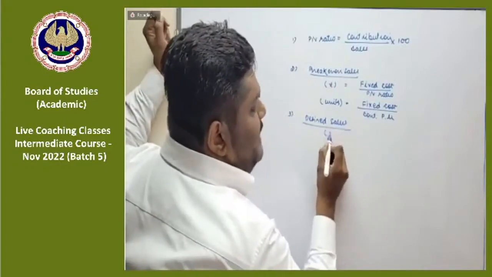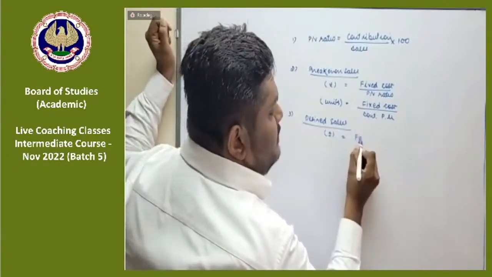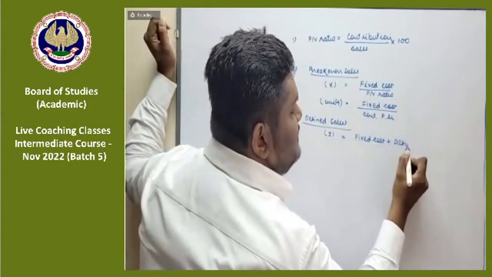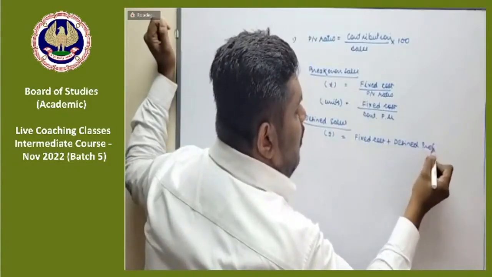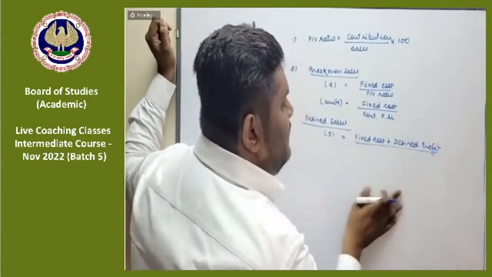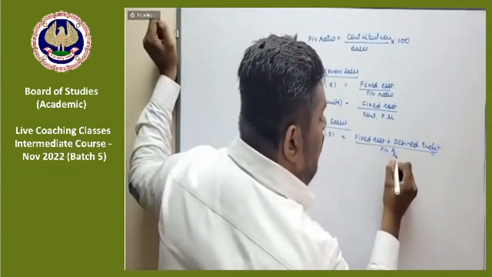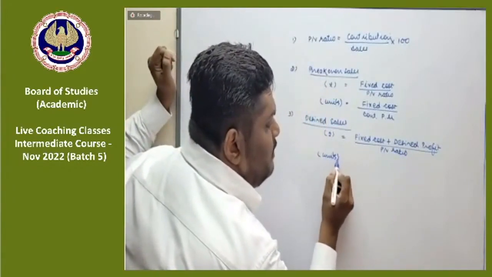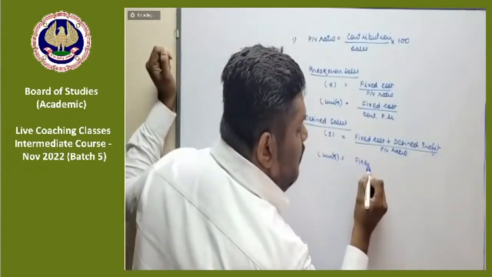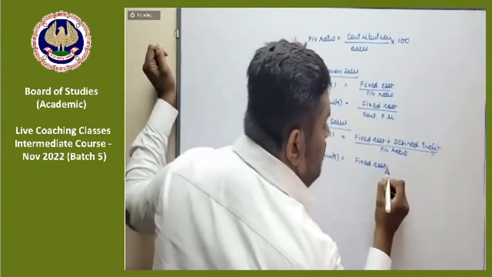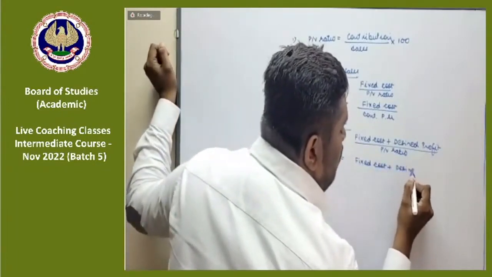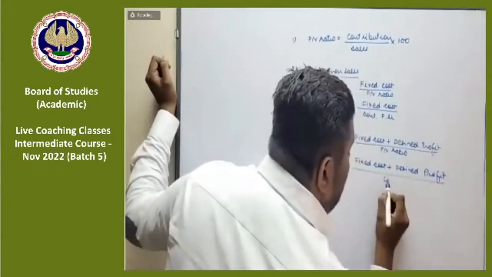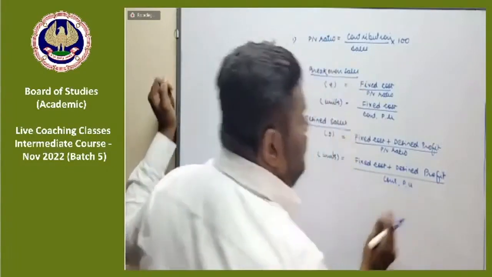Thereafter, we discussed desired sales. When talking about rupees, it is fixed cost plus desired profit divided by PV ratio. And when talking about units, it is fixed cost plus desired profit divided by contribution per unit.